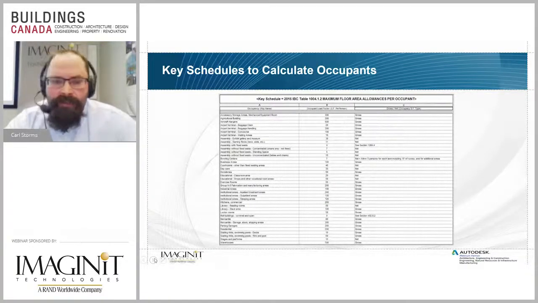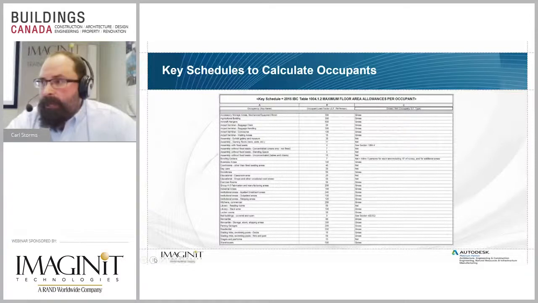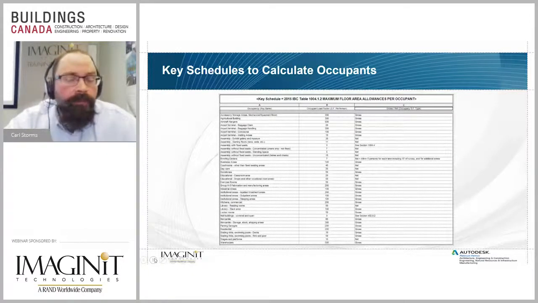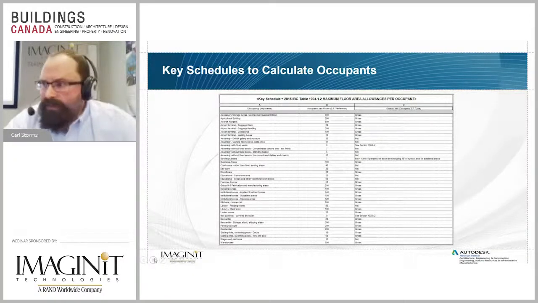So in this case, we've got the occupancy, which type of occupancy, we've got our occupancy load, as well as our gross square footage in place. And again, just keeping it real simple, we're taking the information from the code, we're applying it into a key schedule inside of a model.